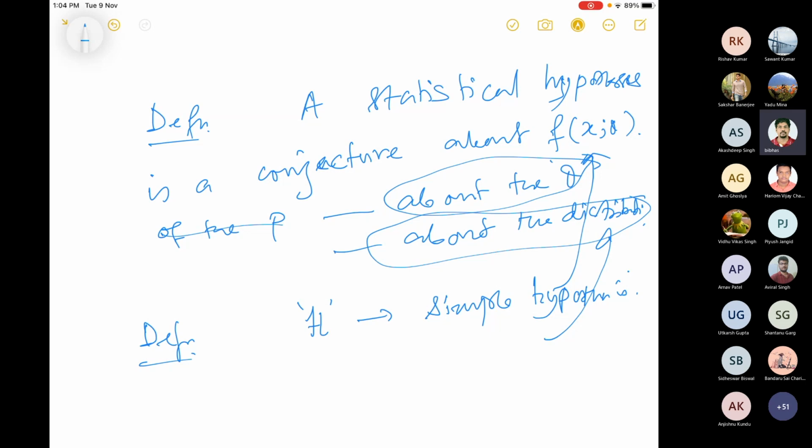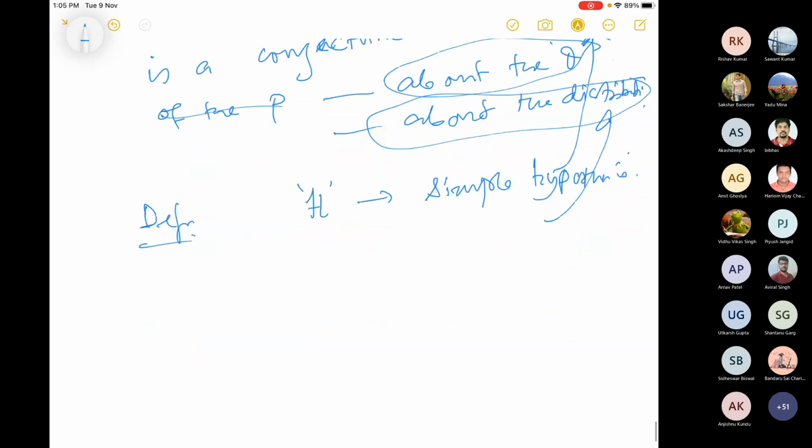Now, in hypothesis testing, what is the testing here? A hypothesis is a statement about what? Let's say we are talking about a simple hypothesis, so about theta.